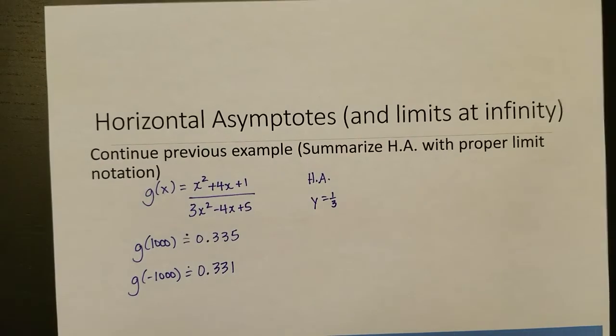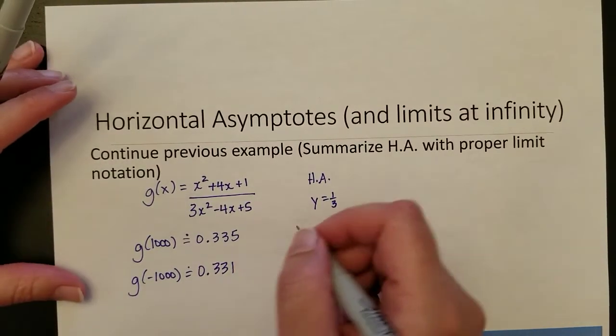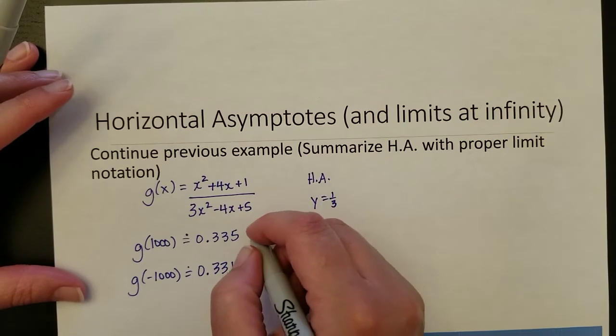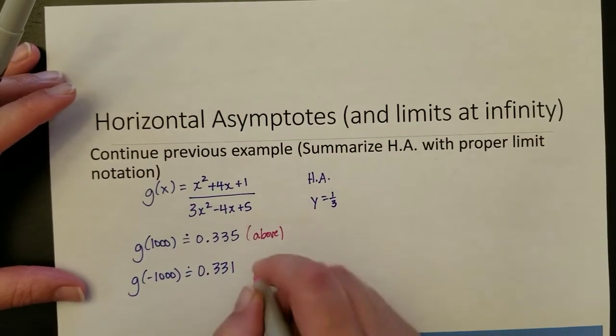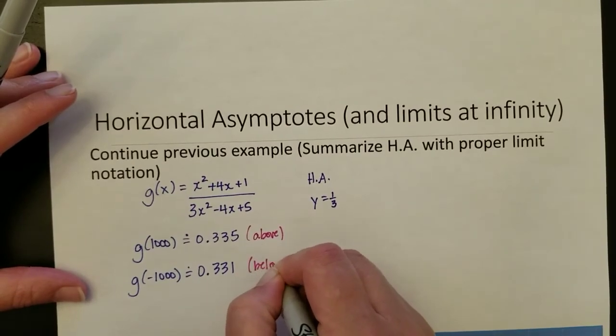So the first one, sorry guys, I typed something in wrong to my calculator. That's why I don't like all the test values. So that's above and this is below.